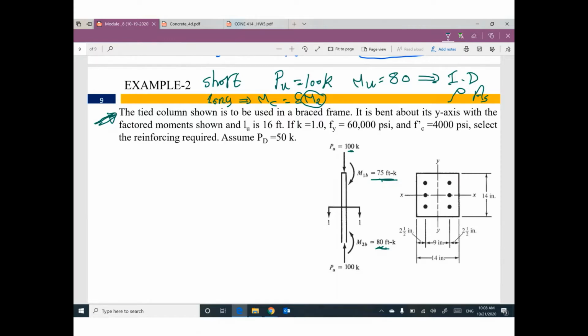Then I will use the interaction diagram, but with P ultimate and Mc. This value will be bigger than 80. So make sure you check whether this column is long or short. Probably the problem will not mention that.